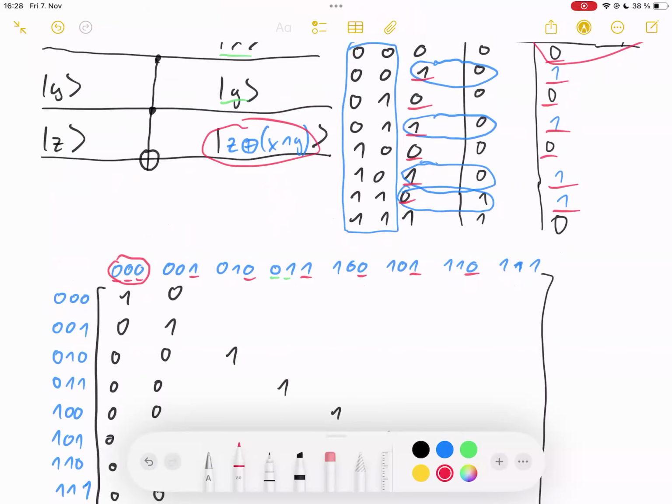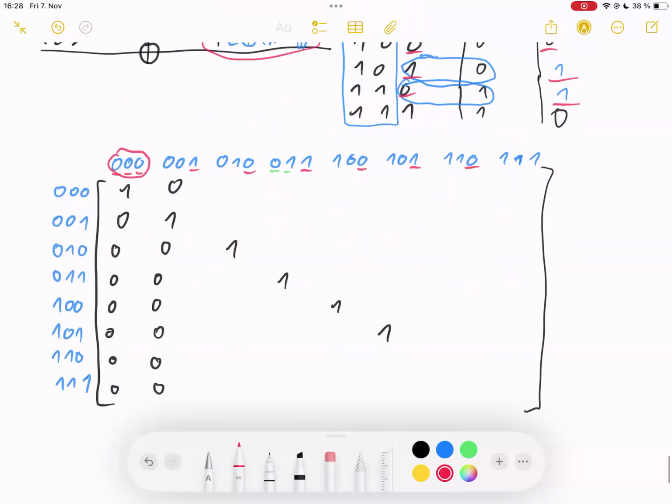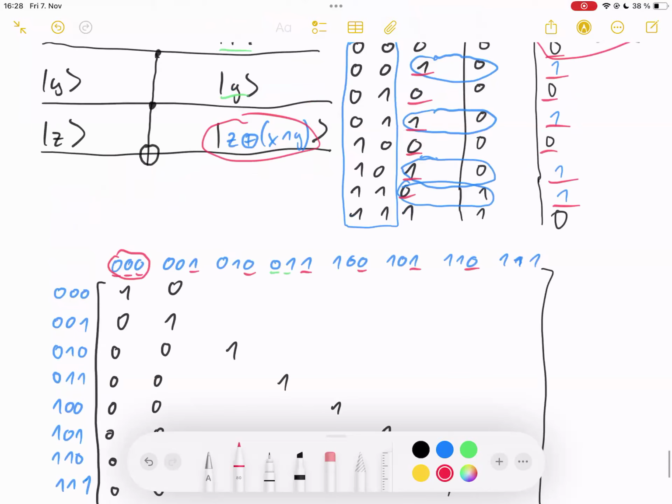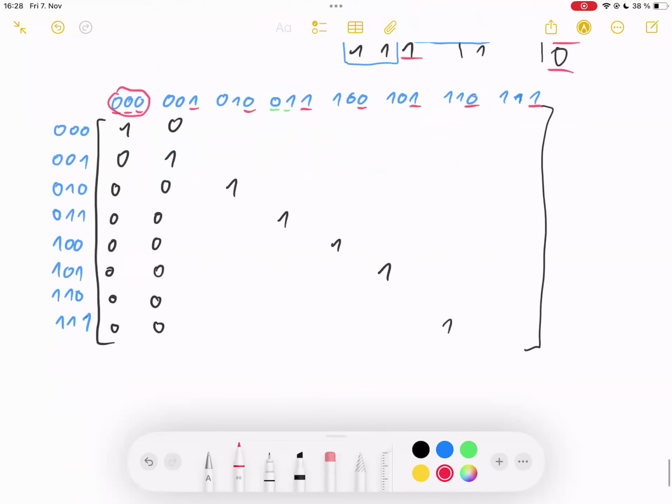So the 1, 1, 0, what does it get mapped to? If you see the answer, send it to the chat. That's the 1, 1, 1. It's down here. And the 1, 1, 1, this 1 here gets flipped to a 0. So I put the 1 in here because my 1, 1, 1 gets changed to a 1, 1, 0.